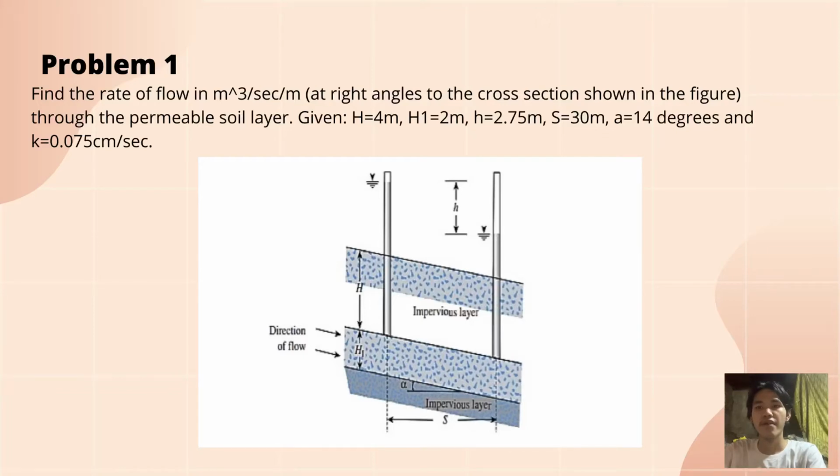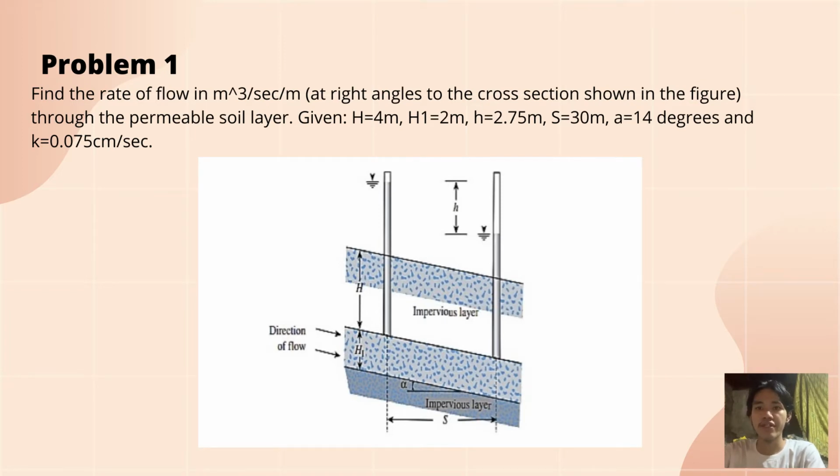Problem number 1. Find the rate of flow in cubic meter per second per unit width meter at right angles across the section shown in the figure through permeable soil layer.